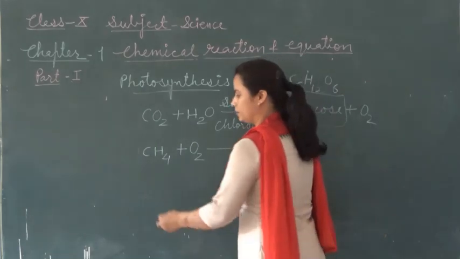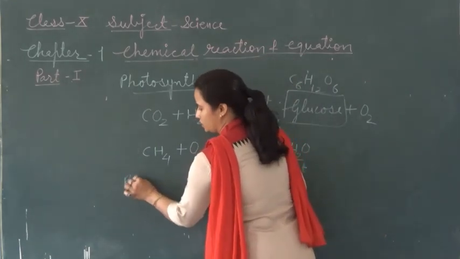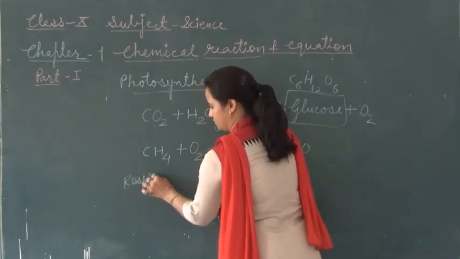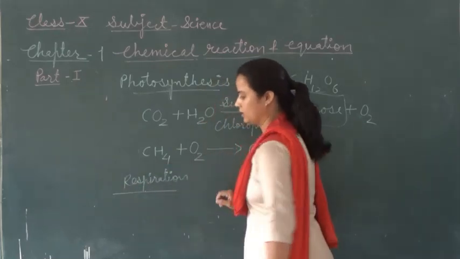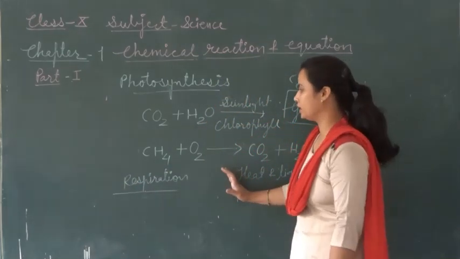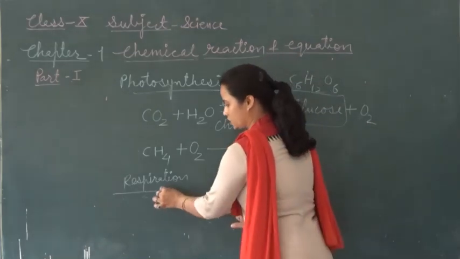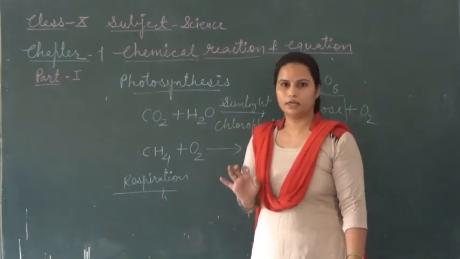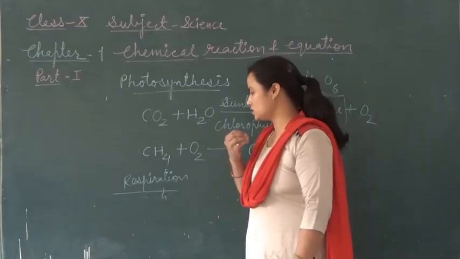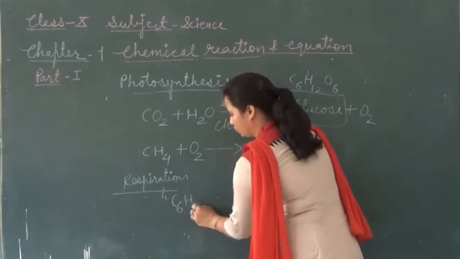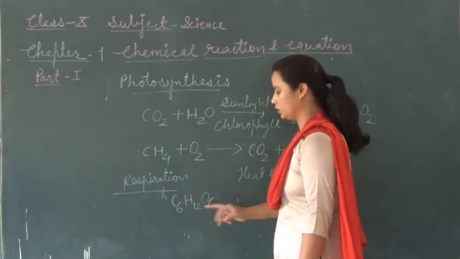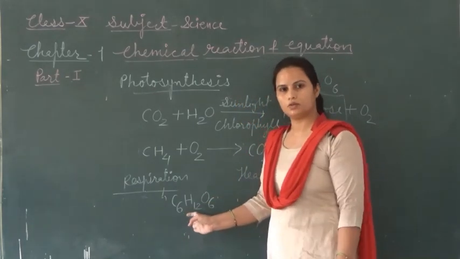Another example is respiration. Now what happens in respiration? We know very well, when we inhale, oxygen enters our body and breaks down the food molecule, and here the food molecule is glucose, C6H12O6.